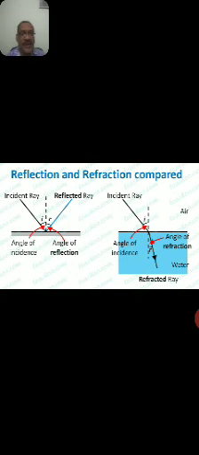The incident light ray makes an angle I with the normal, traveling from the air medium and passing into the water medium. After passing through the water medium, the angle between the vertical dotted line and the refracted light ray, shown in the blue region, is called the angle of refraction. So these are the reflection and refraction properties of light.